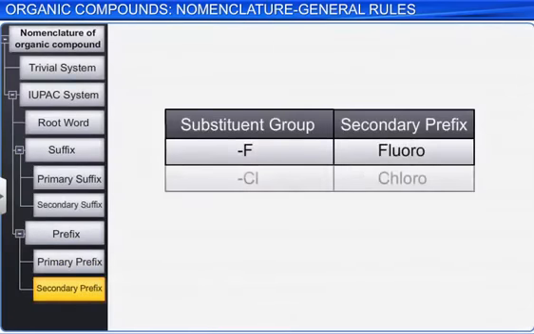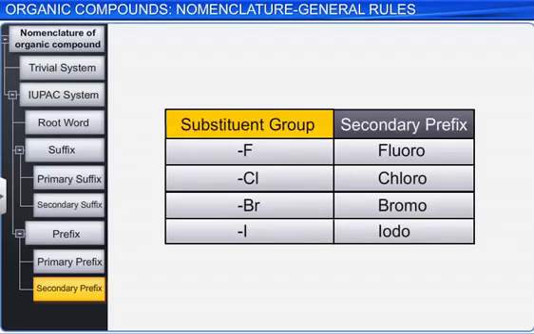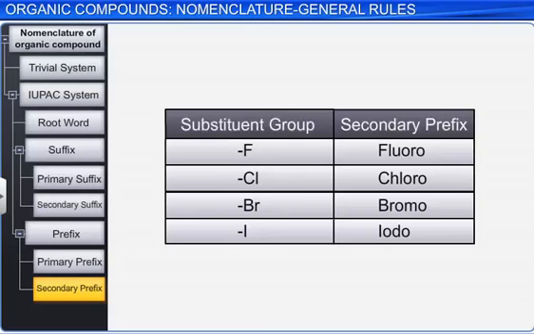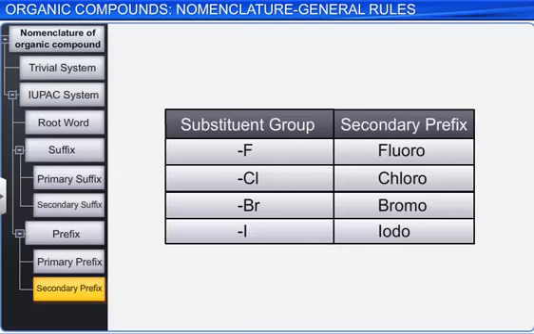In the IUPAC system, some groups are not considered as functional groups. They are treated as substituent groups. In such cases, the substituent acts as the secondary prefix. Some secondary prefixes and their substituent groups are fluoro for fluorine, chloro for chlorine, bromo for bromine, and iodo for iodine respectively.